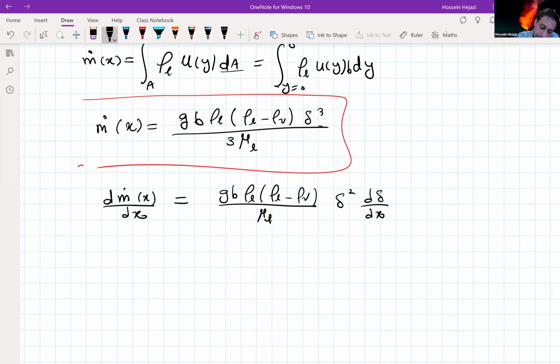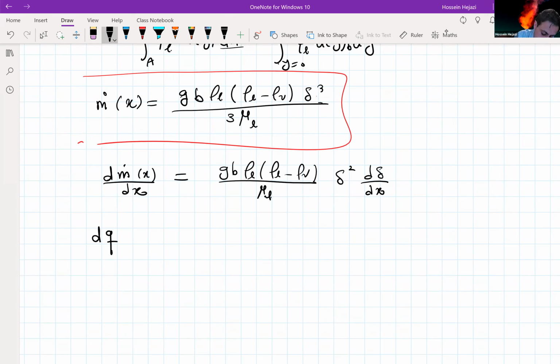We know that dq, the amount of heat that is getting transferred here from the condensate to the plate, is going to be h_fg times dm dot, the small amount of m dot that's happening.